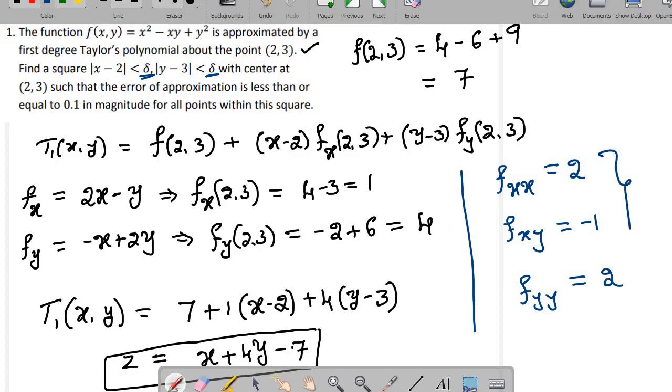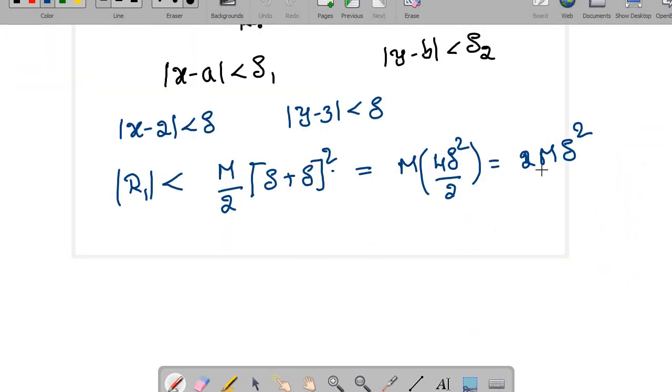What is the maximum among all these? The maximum is 2. Therefore it is very clear that M equals 2.